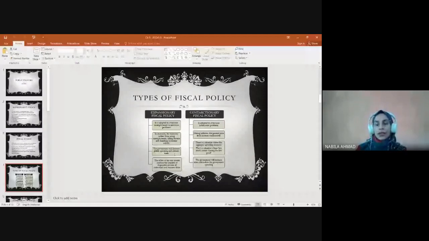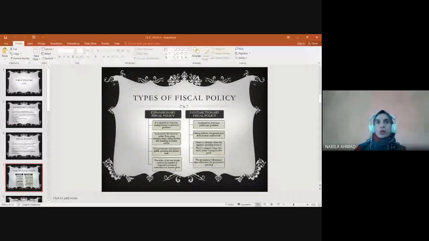So orang yang banyak exemption tax lah, orang tidak perlu bayar tax atau kurang membayar tax supaya ekonomi tu dapat berkembang kembali. Okay, so the effect of tax cut would increase the amount of disposable income of individual and business firm, right?